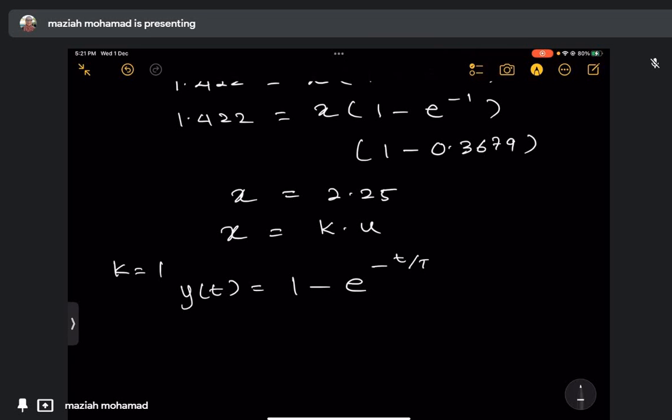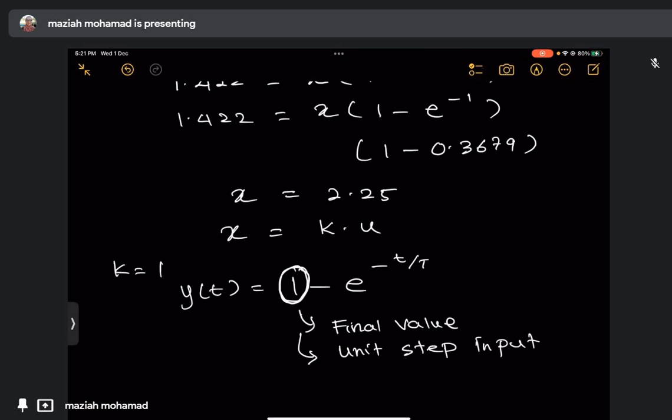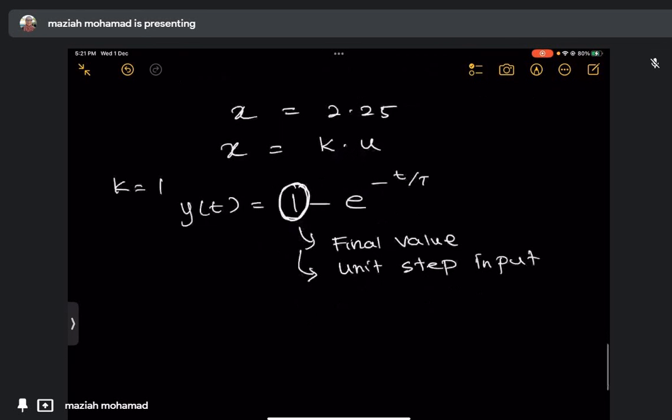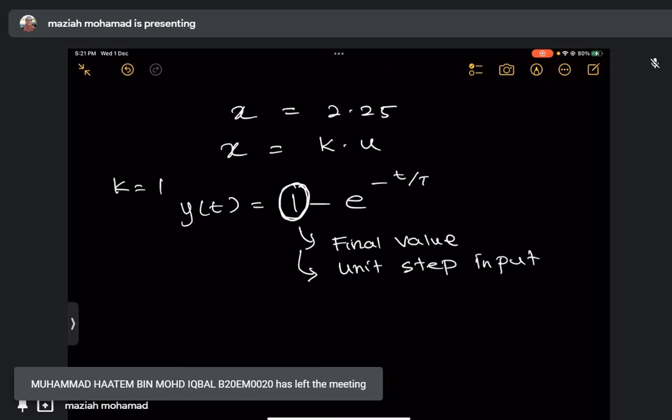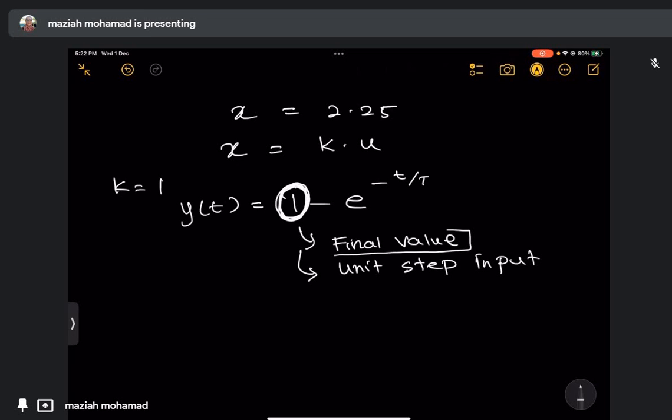So the one here is the final value actually, because it is due to unit step input. That's why the value when you reverse, it become 1. So meaning the value 1 here is actually representing the final value.